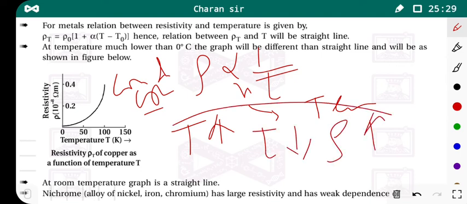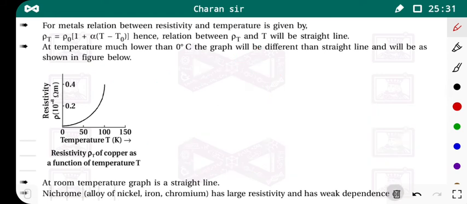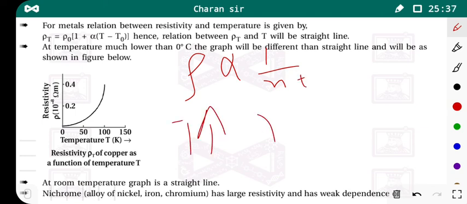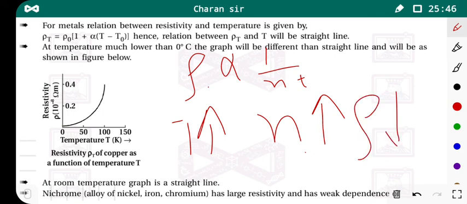But for semiconductors, when temperature is increased, the number of free electrons per unit volume also increases, and when the number of free electrons is increased, resistivity is decreased. So these are the most important theories.